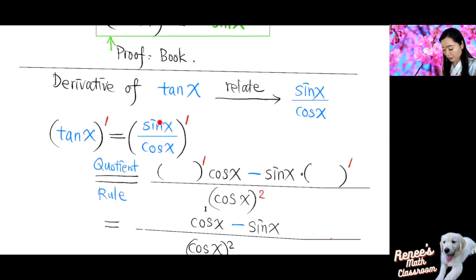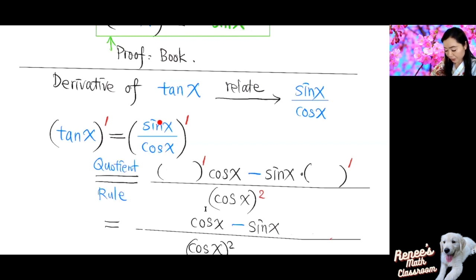According to the quotient rule, we're going to differentiate the function on top. So I'm going to differentiate sine x and then times the function down here, cosine x, and then minus the function on top times the duality of the function down here. And then all of this over the square of this denominator. The duality of sine x is what?